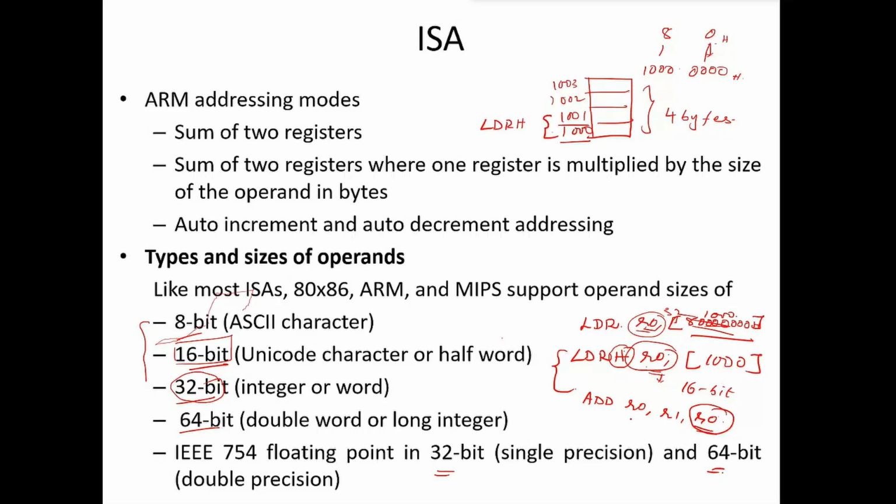Now my question is, is this instruction going to work with 16-bit data or 32-bit data? It is 32. But we have given only 16-bit. What will happen to the remaining 16 bits? Zeros. Automatically it will be zero extended.